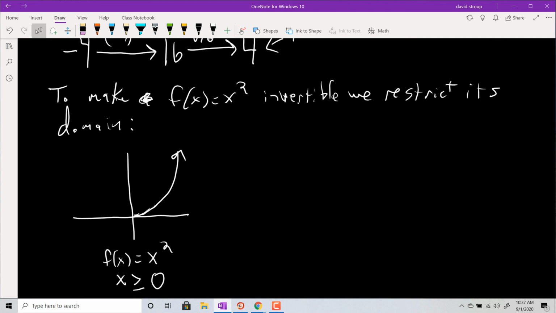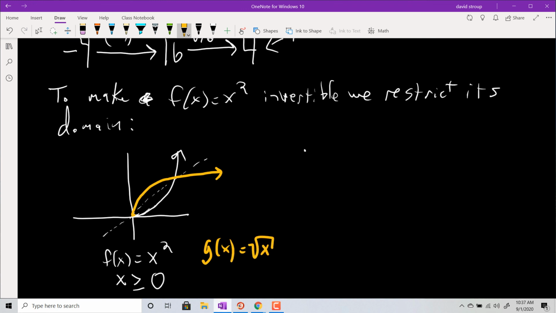And in that case, the inverse, which you can always draw by just reflecting the graph around the line y equals x, the inverse function, which I'll do in yellow, will be the square root function. So g of x will be the square root of x.